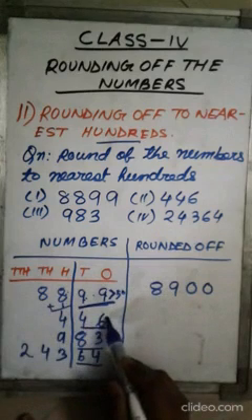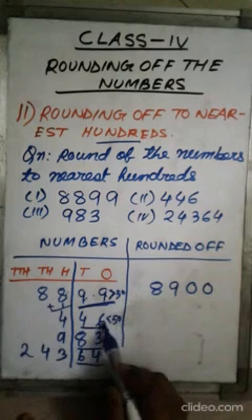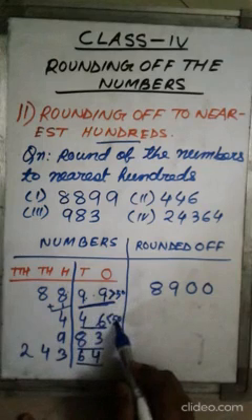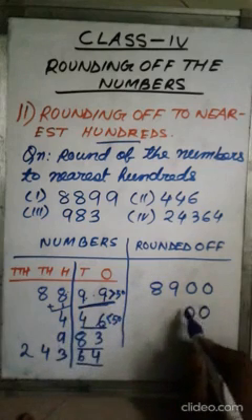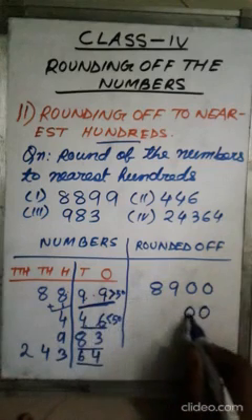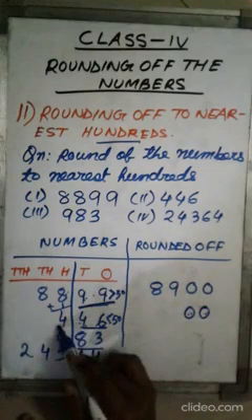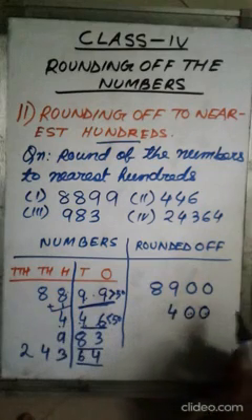For this, 46 is less than 50. I can see this is less than 50, so in the tens and ones places we will have 2 zeros, and this hundreds place will not change, it will be 4.